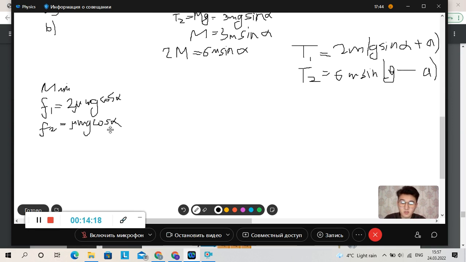Okay, we need to find the minimum mass. This minimum mass will be T1 is equal to the mg.